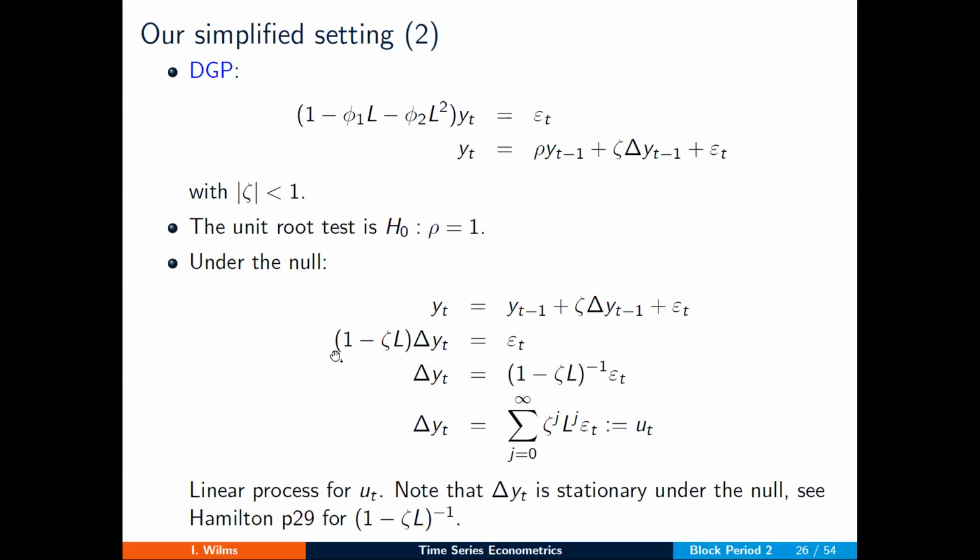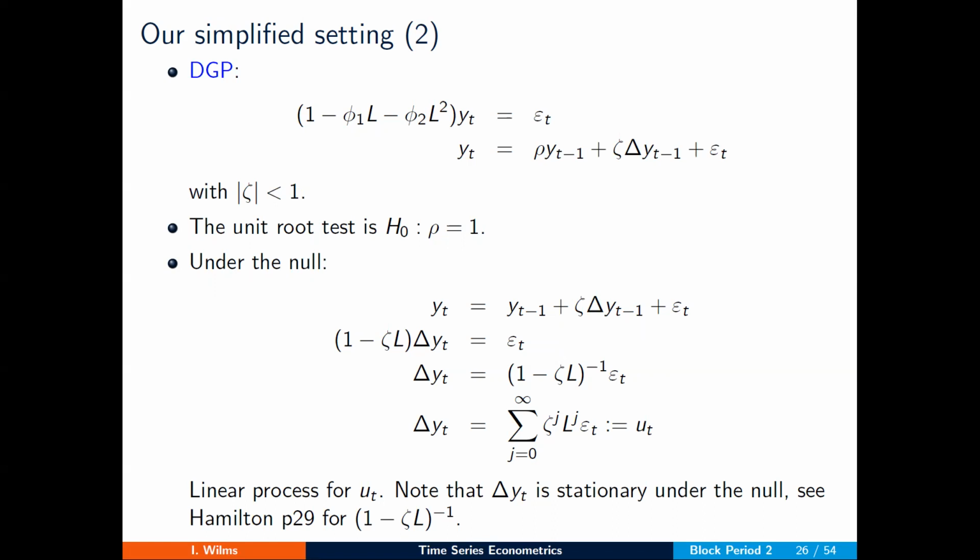If I now pre-multiply both sides by this inverse, you can verify in Hamilton that you actually get this infinite sum of the error terms. Or in other words, under the null, the series in differences is stationary. It actually can be written as a linear process.